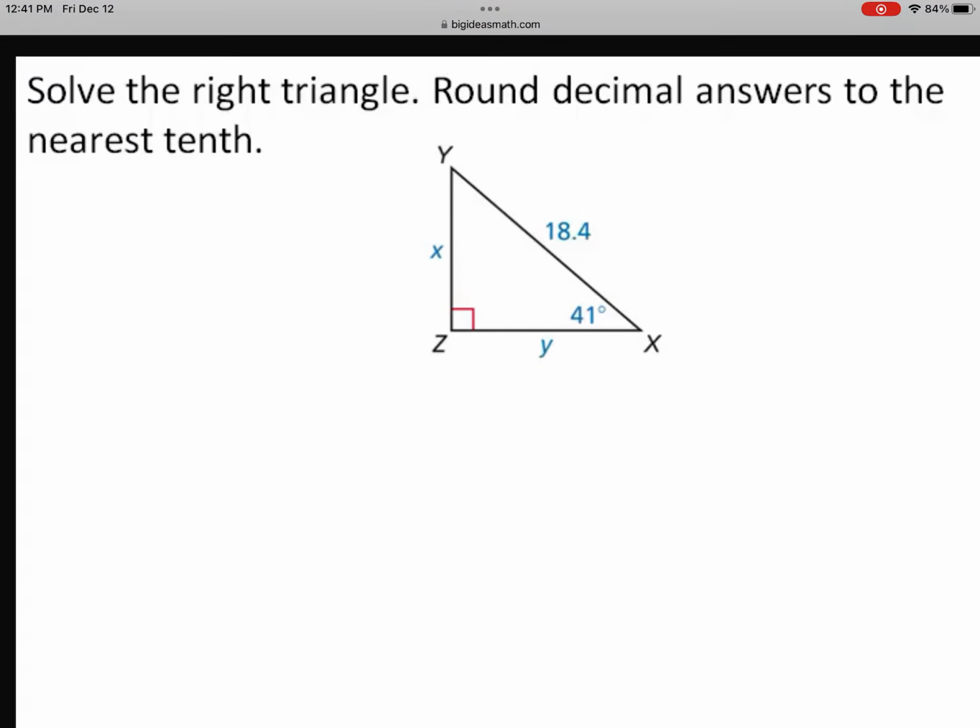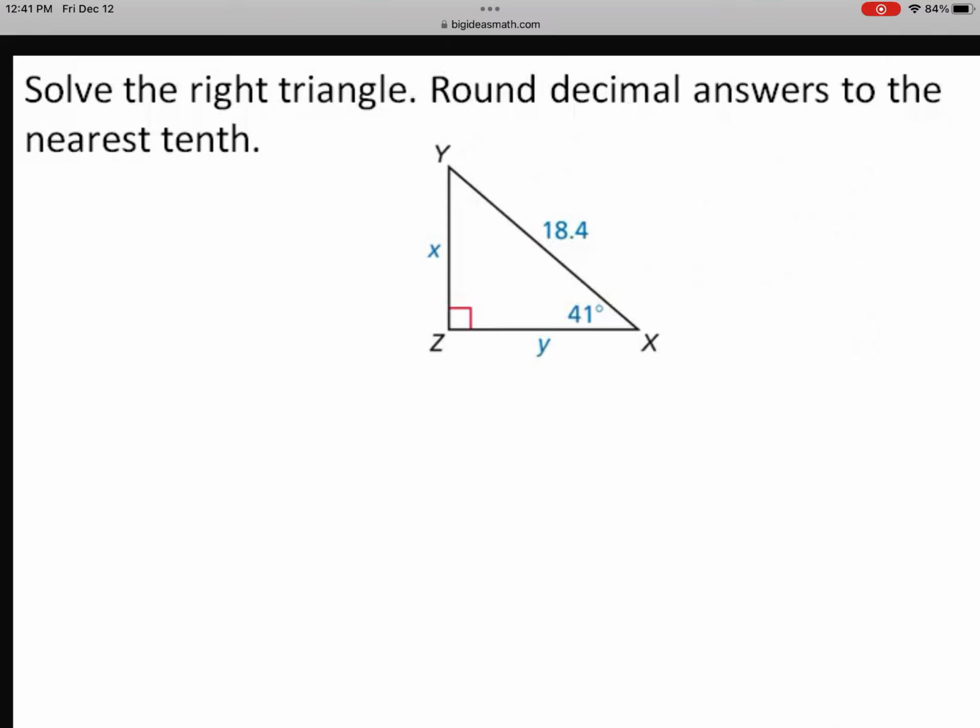Solve the right triangle. Round decimal answers to the nearest tenth. To solve the right triangle, you need to find the measure of angle y and the lengths x and y. Begin by finding the side lengths of the triangle. So the sine of x is equal to the opposite side over the hypotenuse.